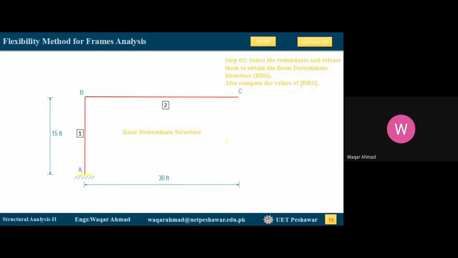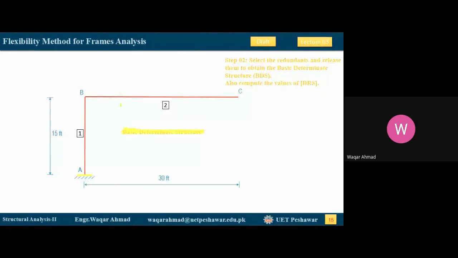This is our BDS. So whenever in the coming steps in this lecture I talk about the basic determinate structure, you should automatically remember that we are talking about this structure. If I say apply the external load on the BDS, it means you need to apply the external load, which was 2 kip per foot, and this point load on this BDS.